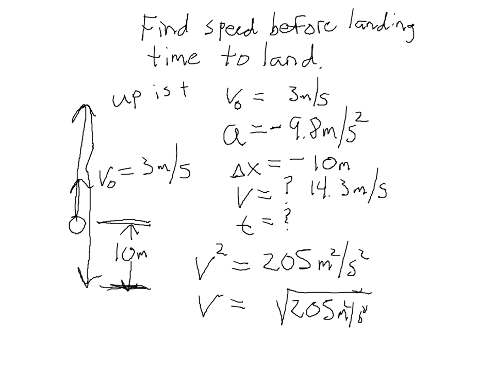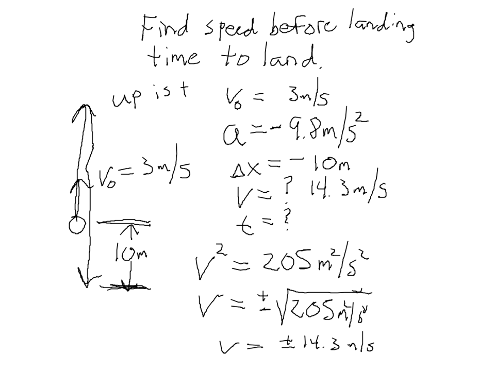And if you remember from math class, this could either be positive or negative, so v is equal to positive or negative 14.3 meters per second.